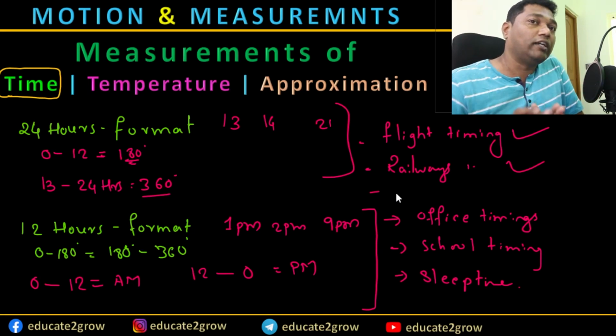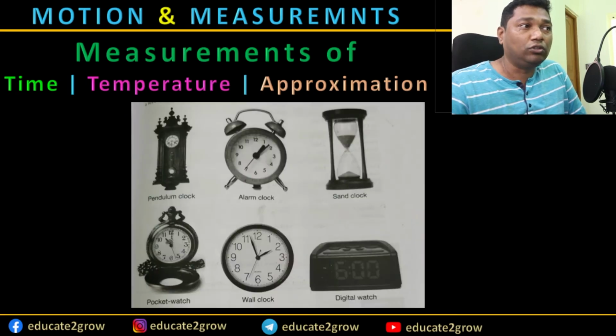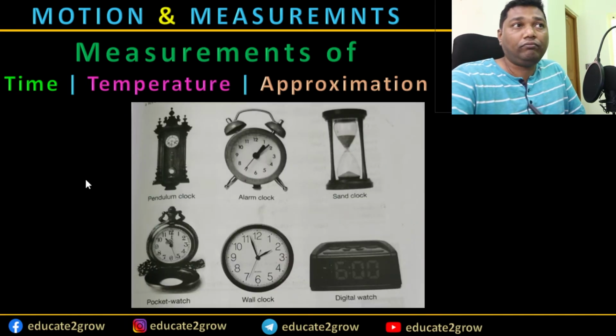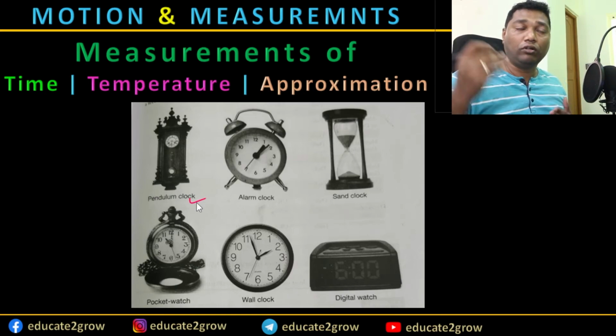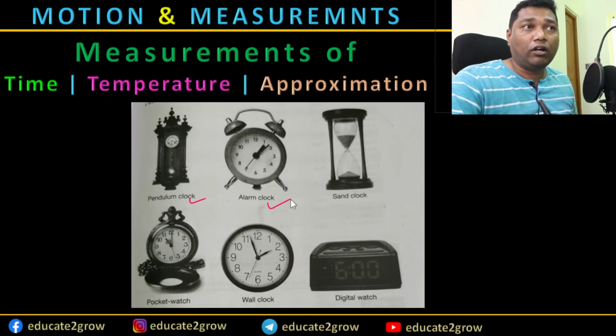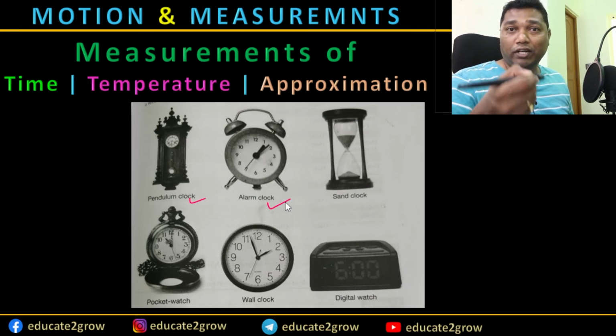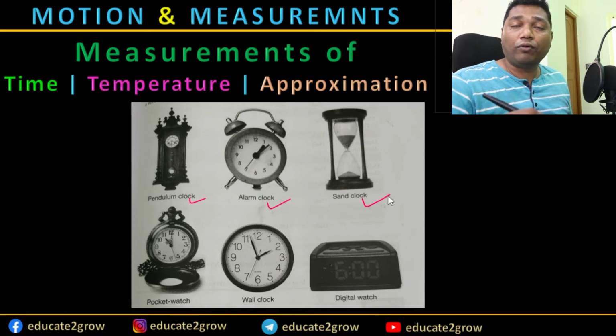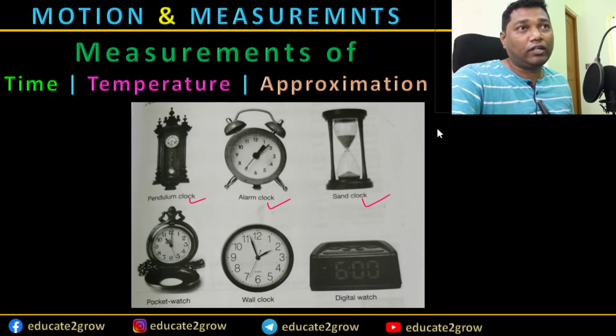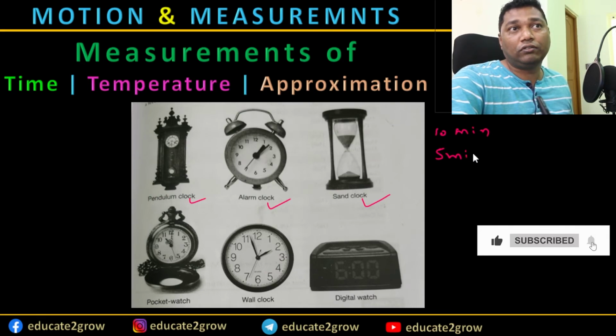Now let us understand what devices are used to measure time. Basically, we have a pendulum clock, which was used in the traditional days, and an alarm clock, which is used to get up in the early morning or do some activity at a certain time. We set the alarm, and this is a sand clock. It is traditional, and these clocks have different time settings. These clocks are set for 10 minutes, and sometimes 5 minutes.